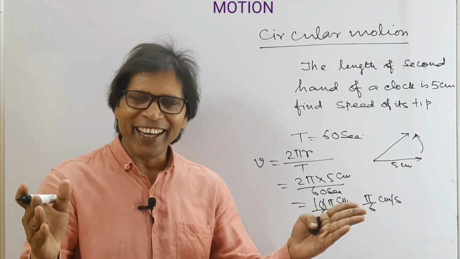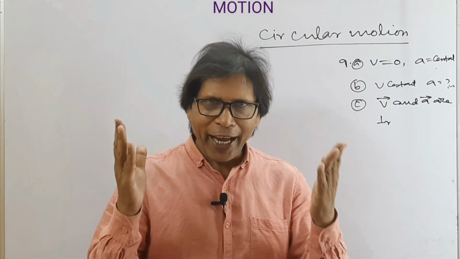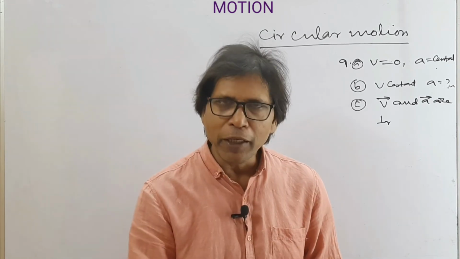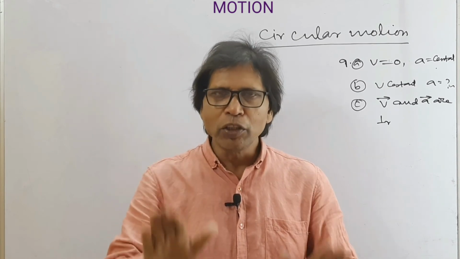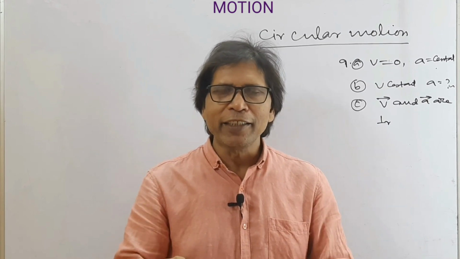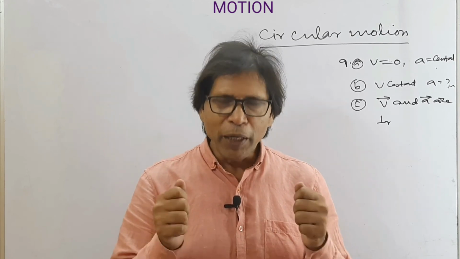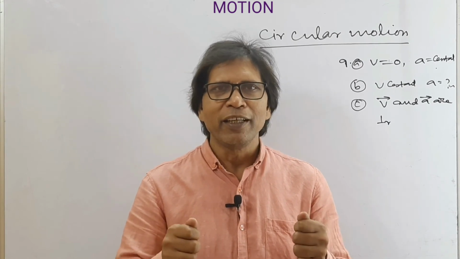Okay, now first question, can there be acceleration when velocity is 0? Yes, during vertically upward motion of a particle, the velocity of the particle decreases due to acceleration due to gravity.